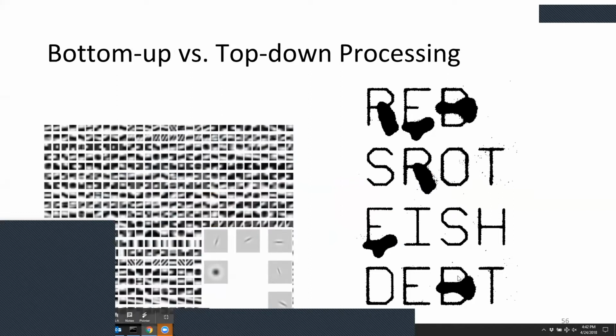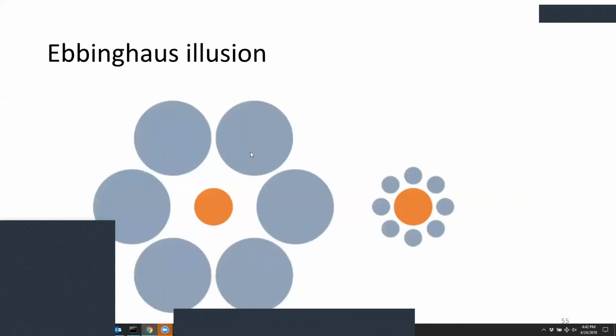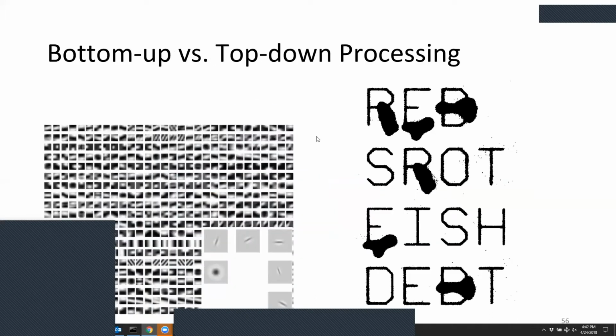The reason you can read this without having all these blotched out areas is that you can provide some sort of context to this situation. That context becomes crucial in a lot of these conversations, as we saw before in this type of illusion. This is something we use for top-down processing. We know there's no word reb, so we know it's supposed to be the word red or something to that effect.